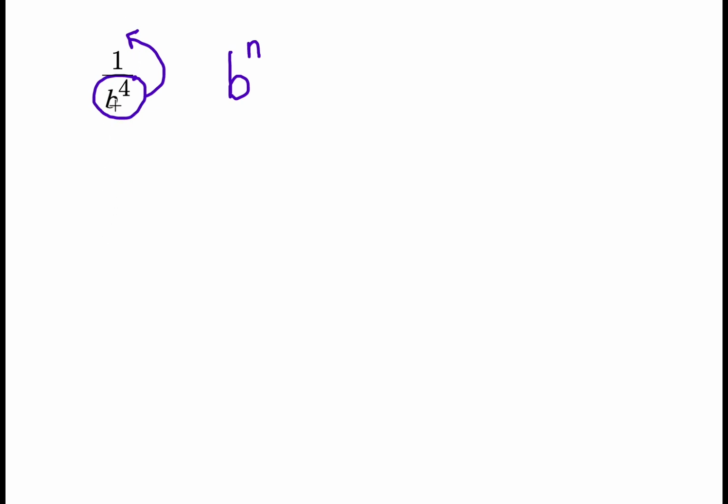So it's not going to change the coefficient. The only thing that changes is I take my exponent and make it a negative 4. This is the simplified version. If they ask you for n, it equals the exponent, which is negative 4.